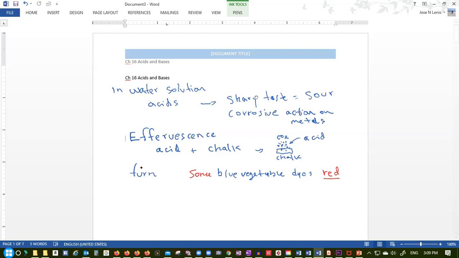What about bases? Bases, also in water solution, have a bitter taste.